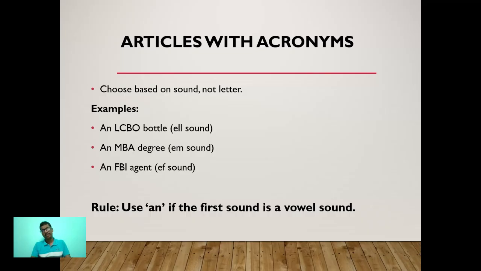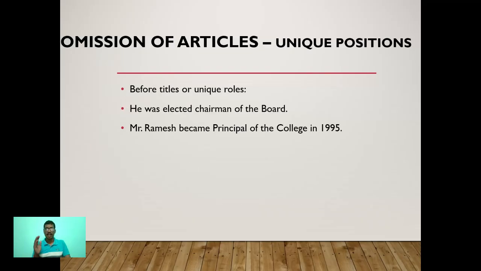At the same time, we need to be aware of some places where we should avoid the usage of articles, especially when we have some unique positions. We shouldn't use them especially when using titles like assistant professor or principal, because they are very unique in their position.